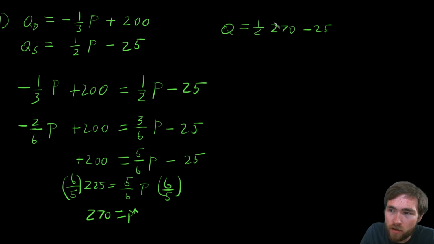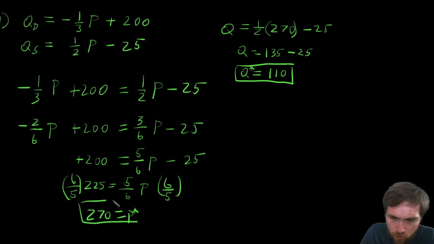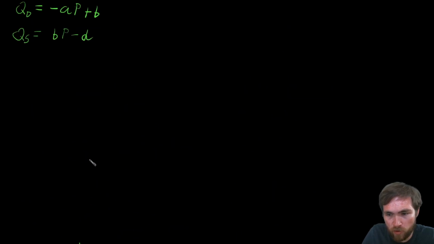So 1/2 of 270 is 135 minus 25. All of that's still equal to Q. 135 minus 25, it leaves us with Q is equal to 110. And there's our Q star. So in this market, with this supply curve and this demand curve, equilibrium price is 270 and equilibrium quantity is 110. So let's go ahead and do one more example like this before wrapping up.